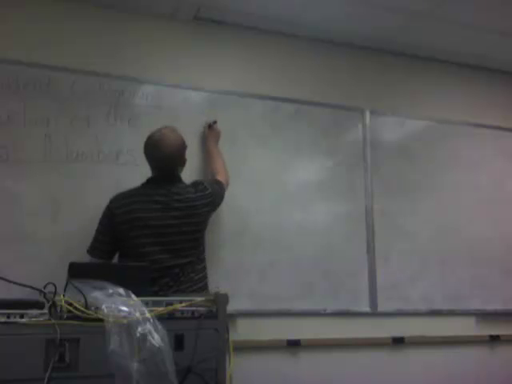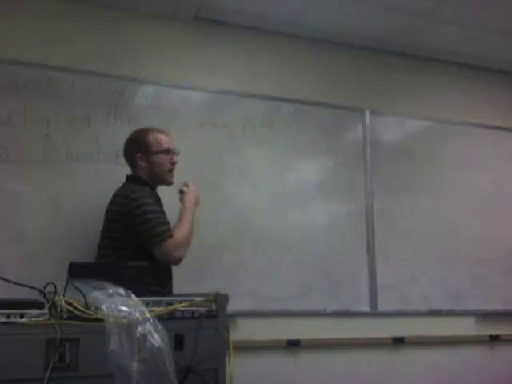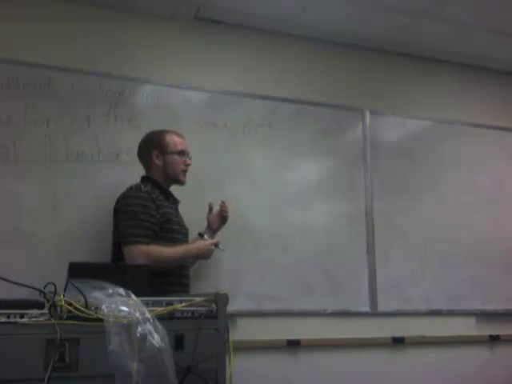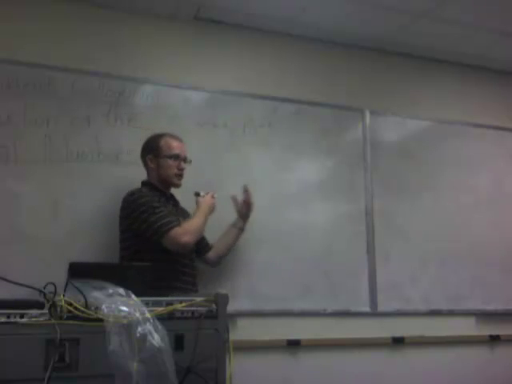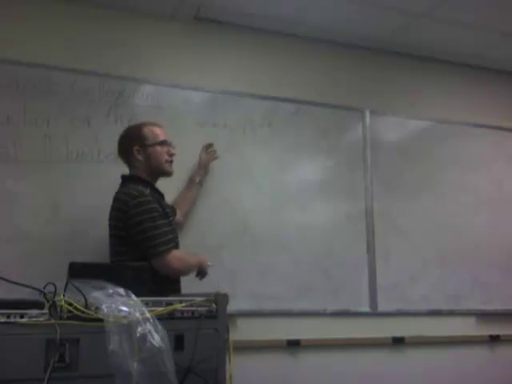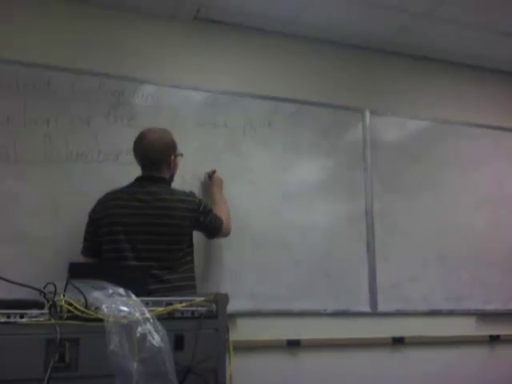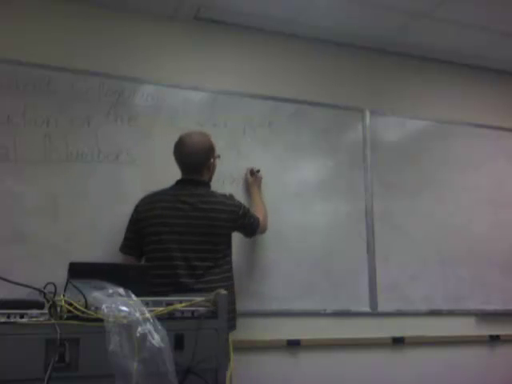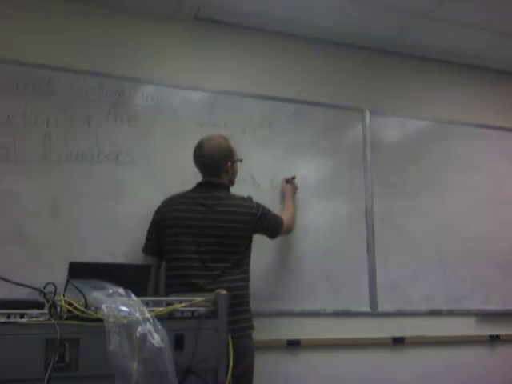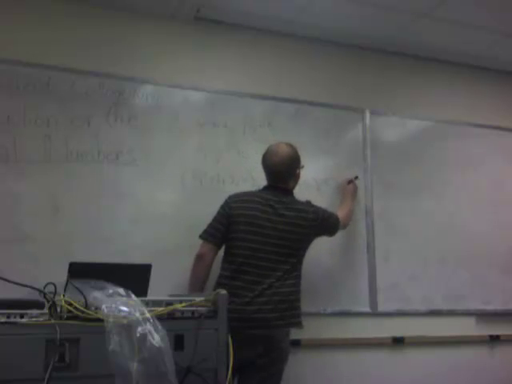If I have alpha ordinal and beta ordinal, I want to somehow have a set that has as many elements as alpha plus beta has in mind. So let's consider 5 and 7. What is 5? 0, 1, 2, 3, and 4. What is 7? 0, 1, 2, 3, 4, 5, and 6.